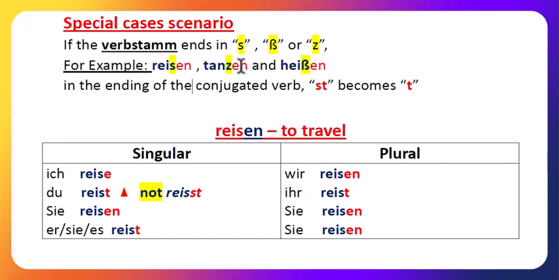But the special case rule: the verb stem ends with s or ß. In English, s and z. So the verb stem ends with s, like this one, reisen, rising.